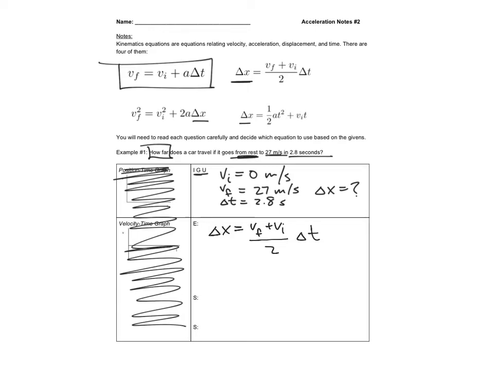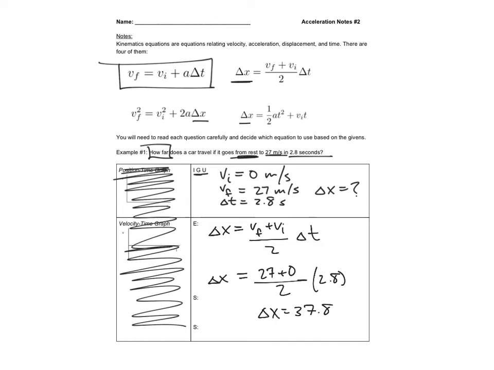Lucky us. Now we get to substitute delta x equals VF plus VI, which is 27 plus 0 divided by 2 times delta t, which is 2.8. So we're going to do 27 divided by 2 times 2.8. Let me get my calculator out really quickly. And that's going to be 27 divided by 2 times 2.8 equals 37.8.